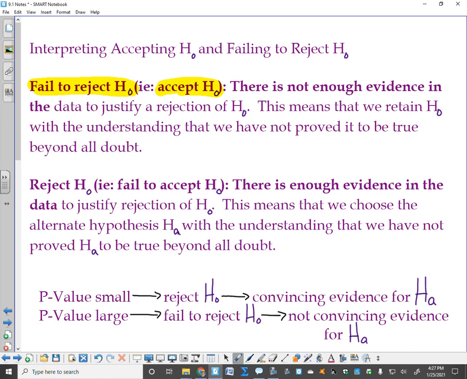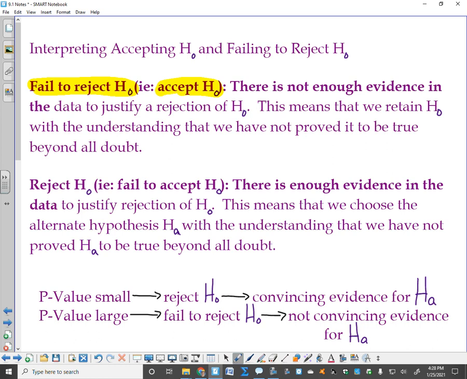Okay? Now, rejecting H sub O, or failing to accept H sub O. If I reject H sub O, then I say, Miss Hunter did it. She is not innocent.